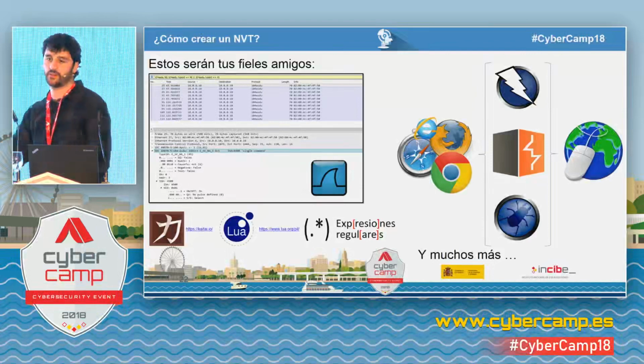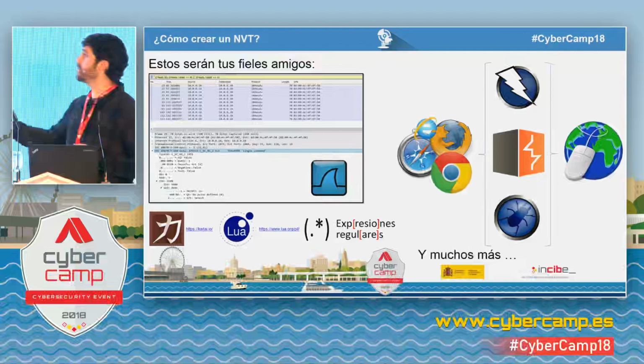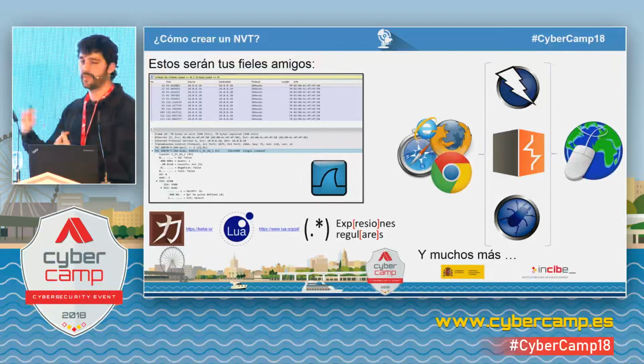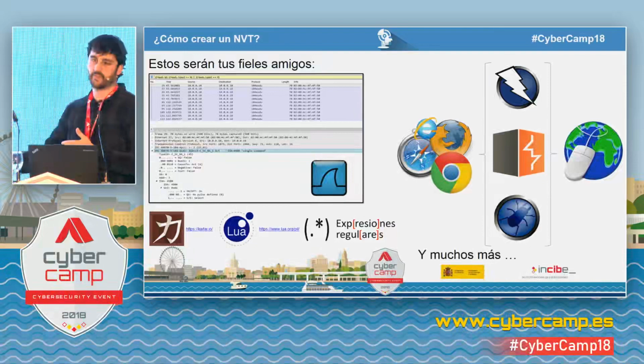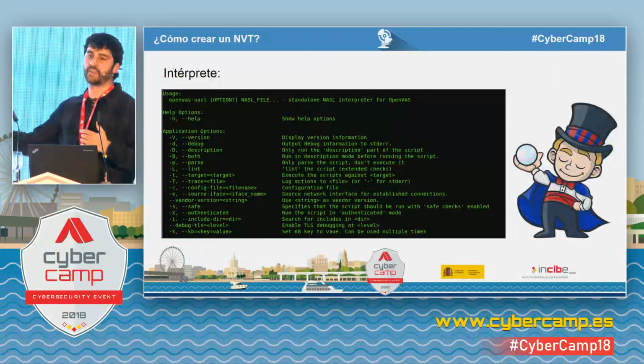So our friends were Wireshark, also the proxies, Pescara, THAP, and we also have dissectors like Kaitai or Lua running under Nmap, as well as regular expressions, and as well as many others.